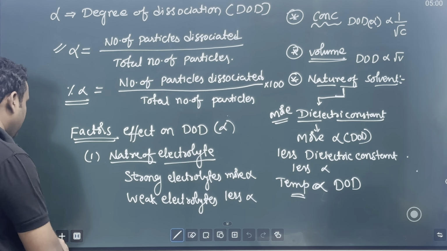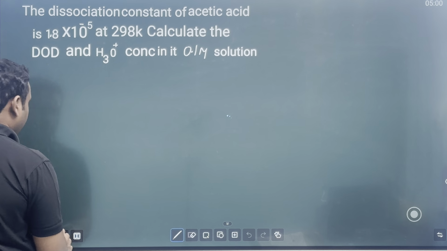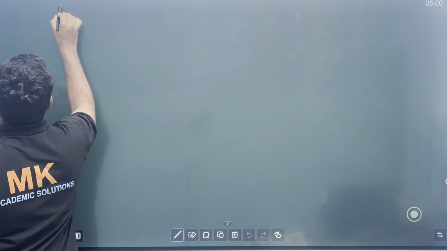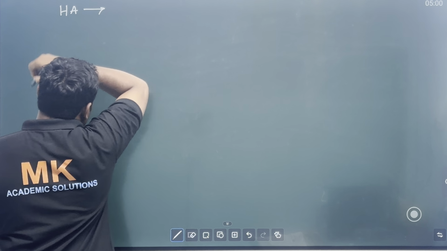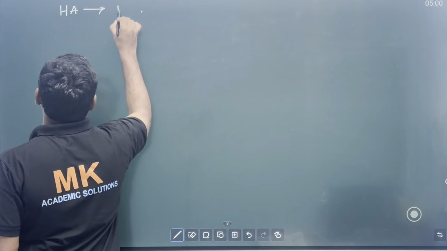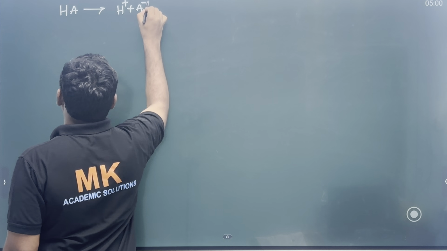Let us take one acid here, for example HA. HA is going to dissociate as H plus and A minus. This is the general acid we are going to take.